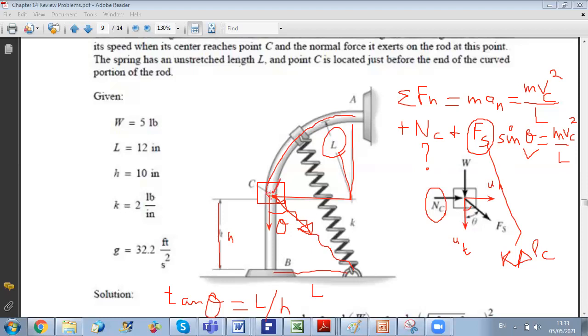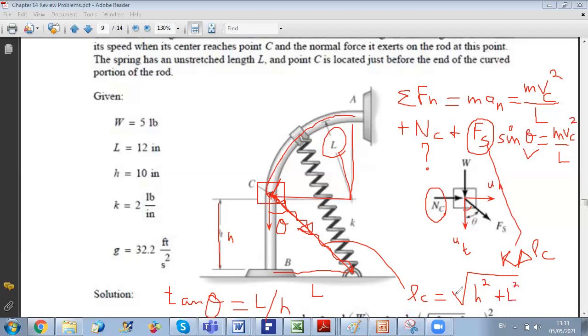I find the length of the spring at position C, and I subtract from it the unstretched length. So here, at position C, LC is given by using the Pythagorean theorem. LC is given by the square root of h squared plus L squared.